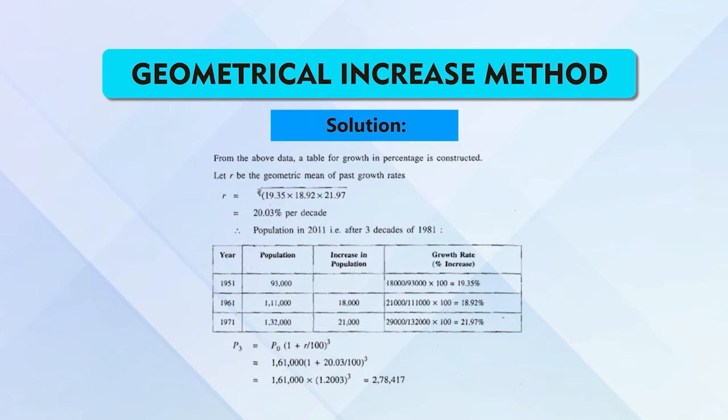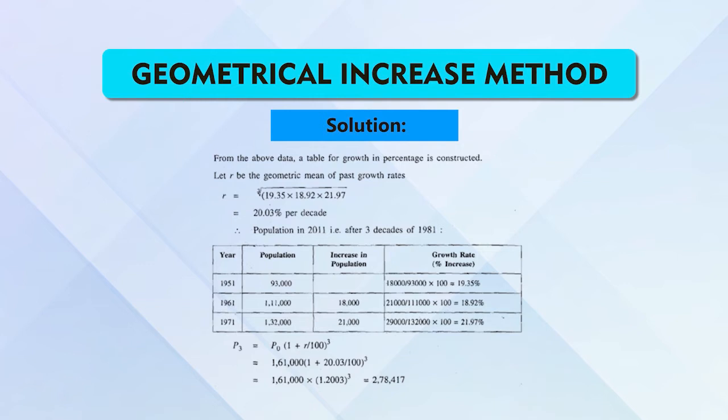On the basis of this, we calculate the geometrical mean of the past growth rate. So R is equal to the cube root of the product of all three growth rates. The answer comes to 20.03% per decade. So now we have to calculate the population in 2011. There are 3 decades from 1981.